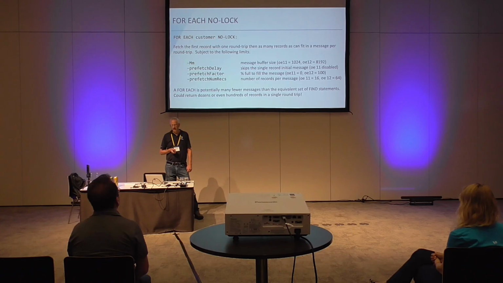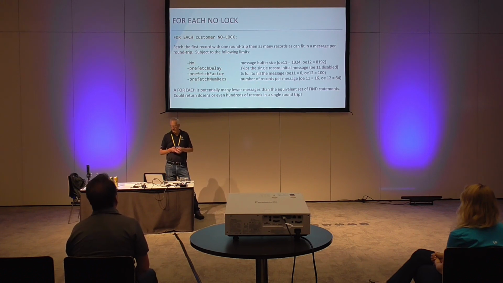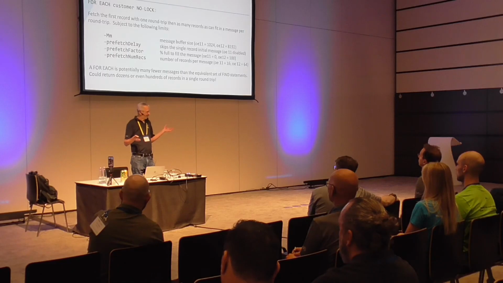Prefetch numrec is the number of records to try to pack into a message. The default for anything older than OpenEdge 12 is 16. So if you do for each customer, you're going to get units of 16 of them. In OpenEdge 12, the default has been increased to a power of 2, 64.